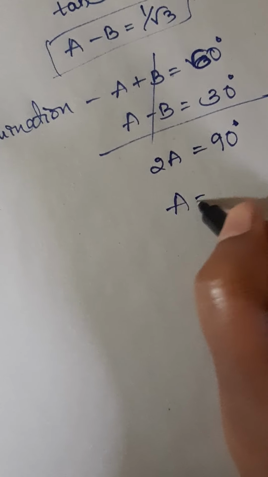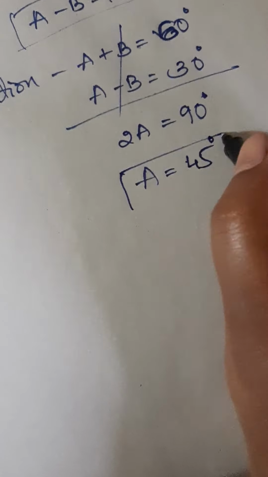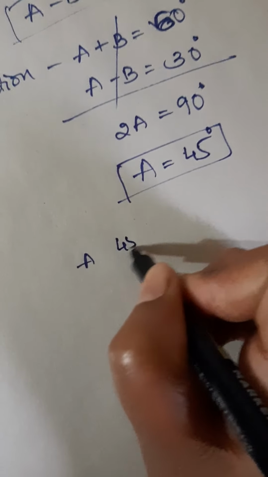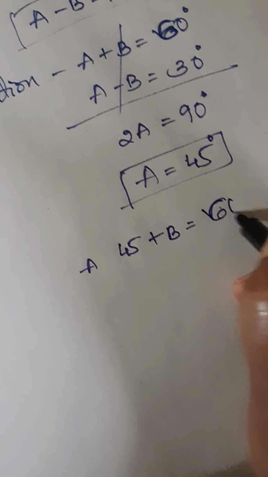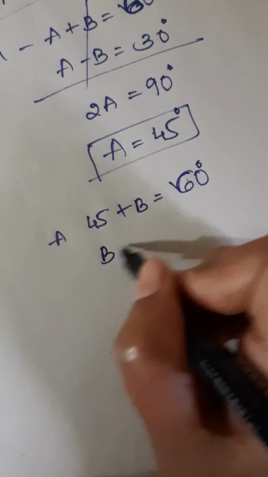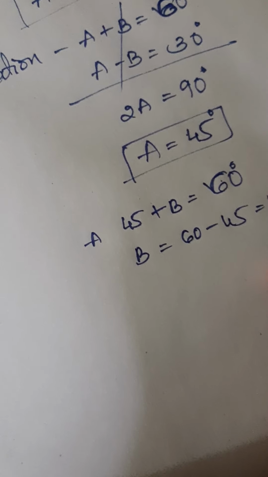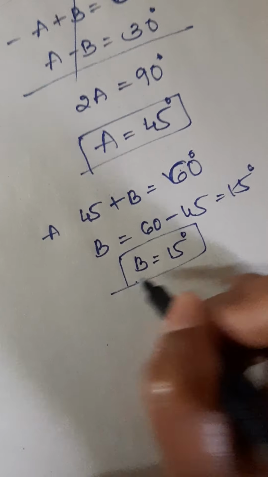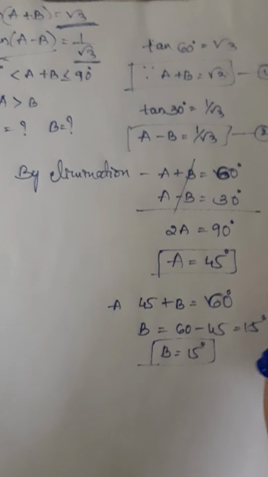So A is equal to 90 by 2, that is 45 degrees. So put this in the first equation, that is A + B: 45 degrees plus B is equal to 60 degrees. So here B is equal to 60 minus 45, it is 15 degrees. So B is equal to 15 degrees. We got A is equal to 45 degrees and B is equal to 15 degrees.